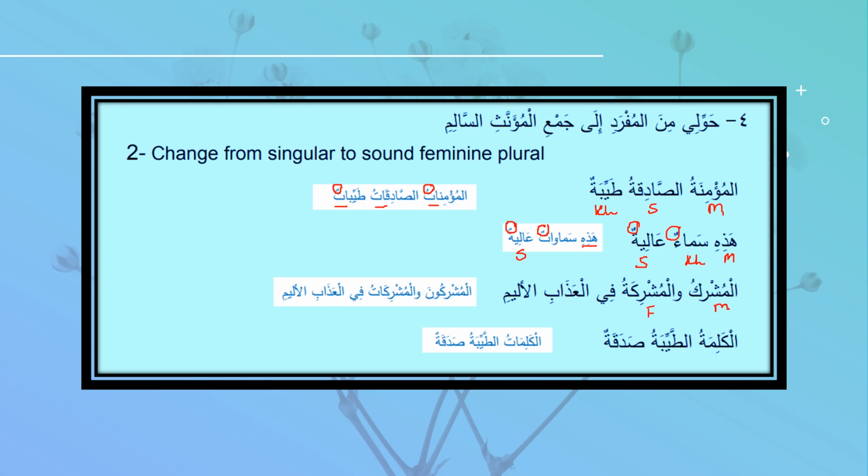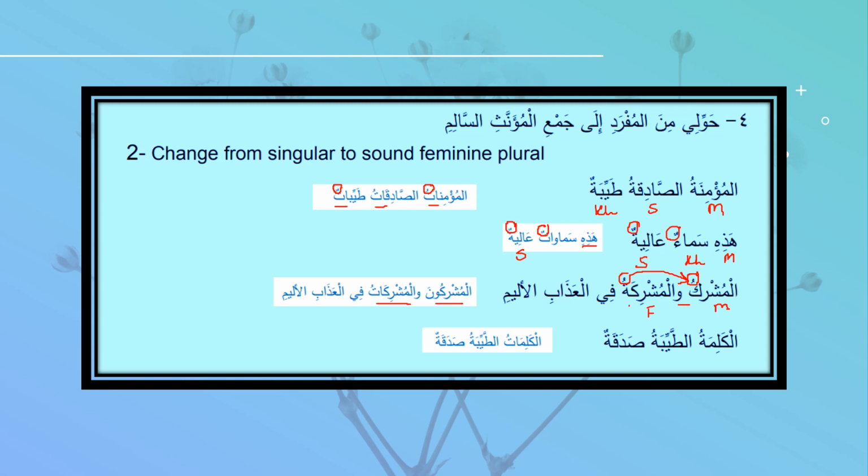In order to make into plural, mushrik will be changed into Jama Mudhakkar, mushrikat will be made into Jama Muannas, and both are marifa, and both are in marfu case. So why is mushrikat also a marfu case? Because there is a waw atf, and this is matuf, so it will follow the i'rab of the previous noun.